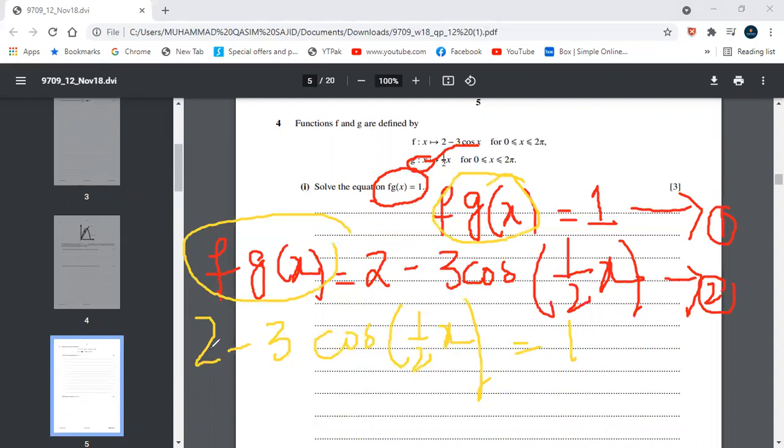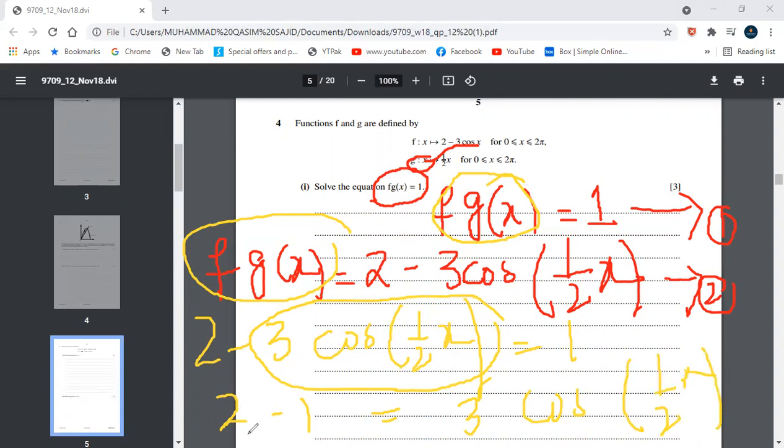After this, the whole term must go to the right hand side, and this one will be here. So this must be 2 minus 1 equals 3 cos 1 upon 2x.